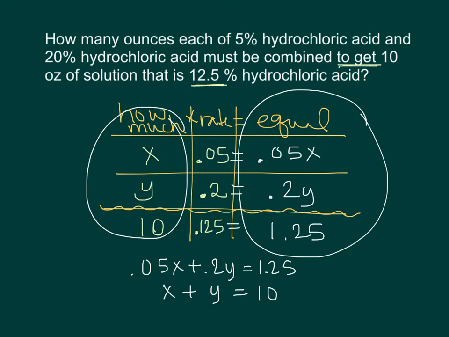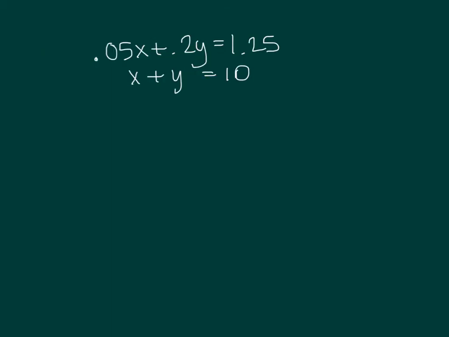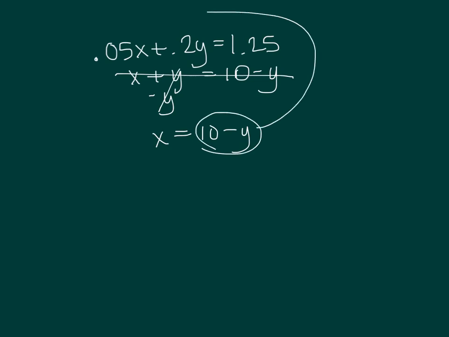Now I'm going to flip to the next slide to solve this because I'm running out of room. Now I need to go ahead and solve for both of my quantities. So I'm not going to do elimination here because I don't want to multiply by decimals. I'm actually going to do substitution. And to do substitution, the first thing I've got to do is get one of these variables by itself. So I'm going to minus that y over and get the x by itself. Once I get the x by itself, I'm going to take that and plug it in for x into that first equation.